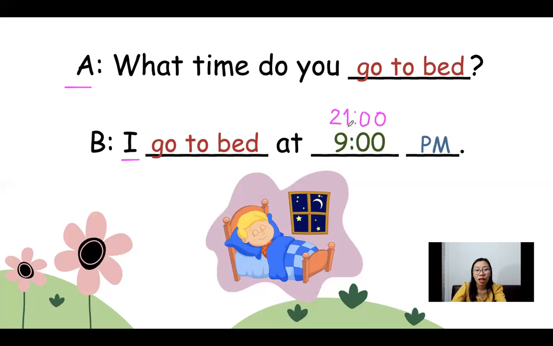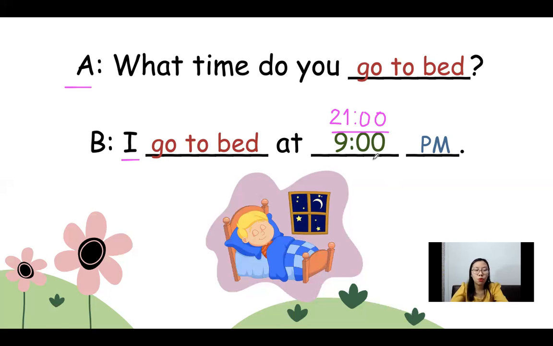All right, so 9 p.m. Because sometimes in the Thai language, you say a different time. You just need to remember the numbers in the clock.